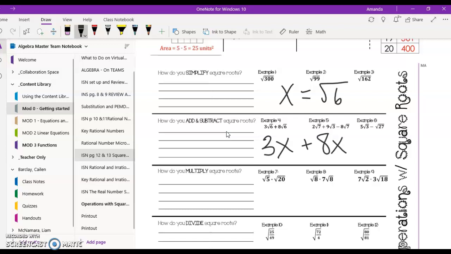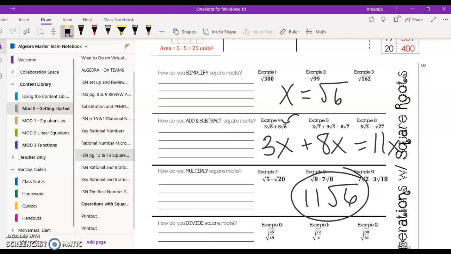That's combining like terms, 11 x's. So I really have 11 square root 6. So when I'm adding and subtracting, I can simplify because I have 11 times root 6. This is like a like term, or x.